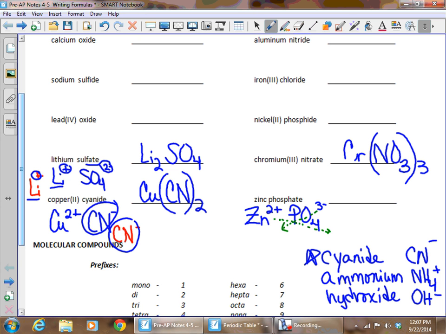But what that means is when everything is all said and done, again, it's just a shortcut, that when I write zinc and phosphate, the charges will cross. This 2 becomes the subscript for phosphate, and this 3 for the 3 negative for phosphate becomes the subscript for zinc. It's just a bit of a shortcut.